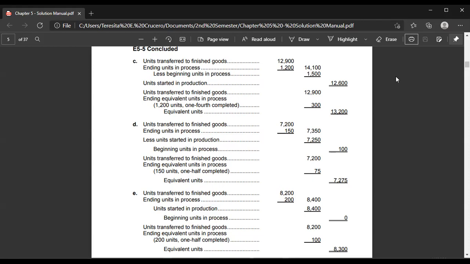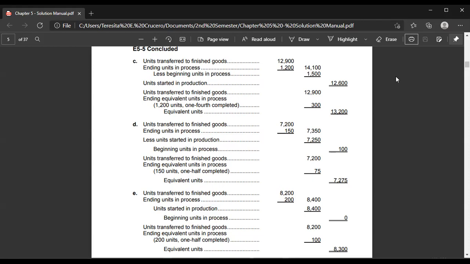Units in process beginning of 1,500. Then you add the missing item which you have now computed of 12,600. So you get 14,100, the total number of units to be accounted for. 14,100. And it's now equal to 12,900 units completed and ending inventory of 1,200. So meaning you get 14,100.